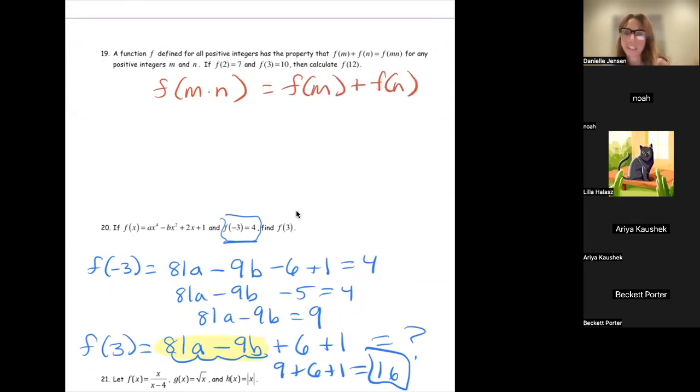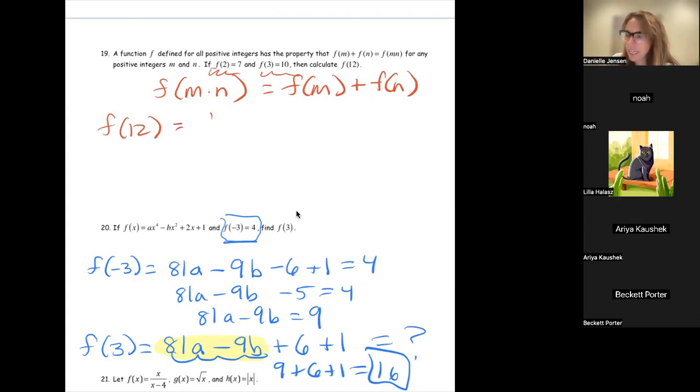I'm just defining this weird new function. If I'm asking you to find f of 12, and I give you some information that may be helpful, let's find two factors of 12. What are two numbers that multiply to 12?